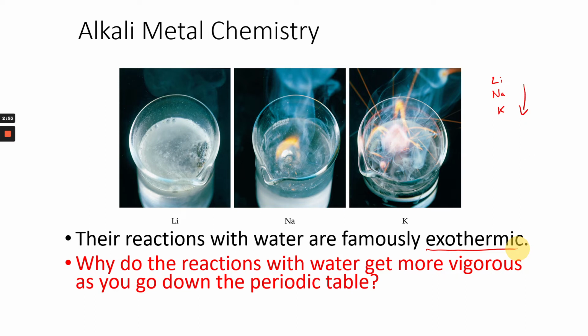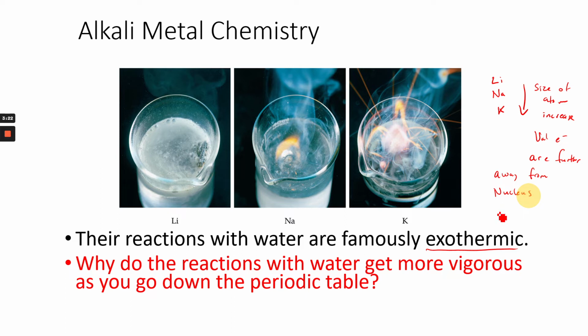Well, think about the trends that we talked about the last couple days. What happens as we go down a group or family? The size of your atom increases, and in particular, your valence electrons are further away from the nucleus.